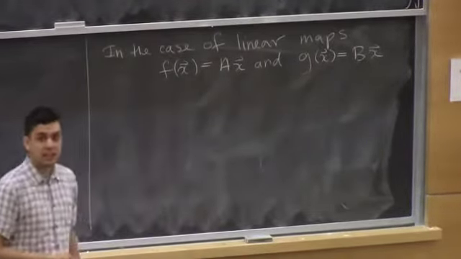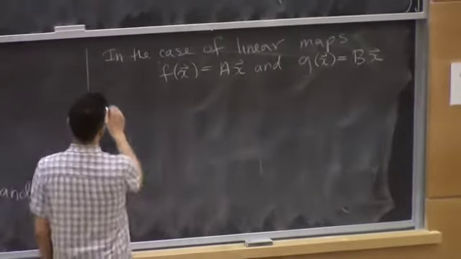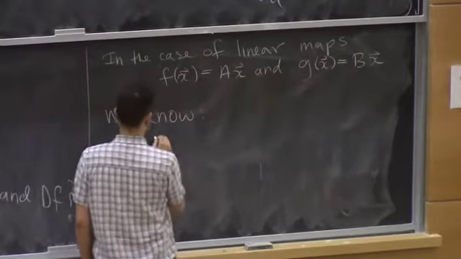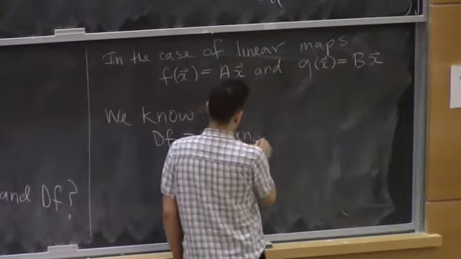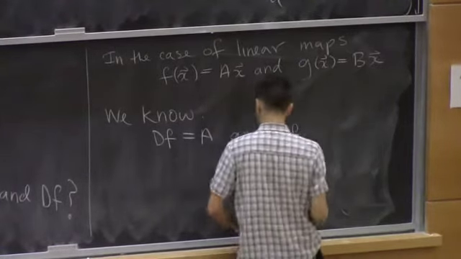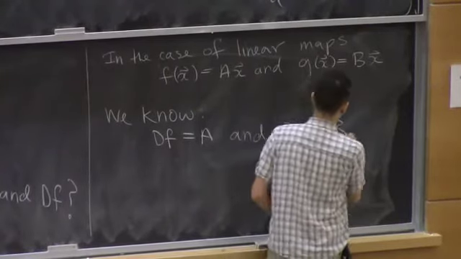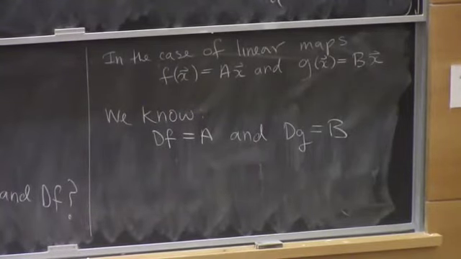In the case of linear functions, we know the following thing. The total derivative of a linear map is the matrix giving you that map.